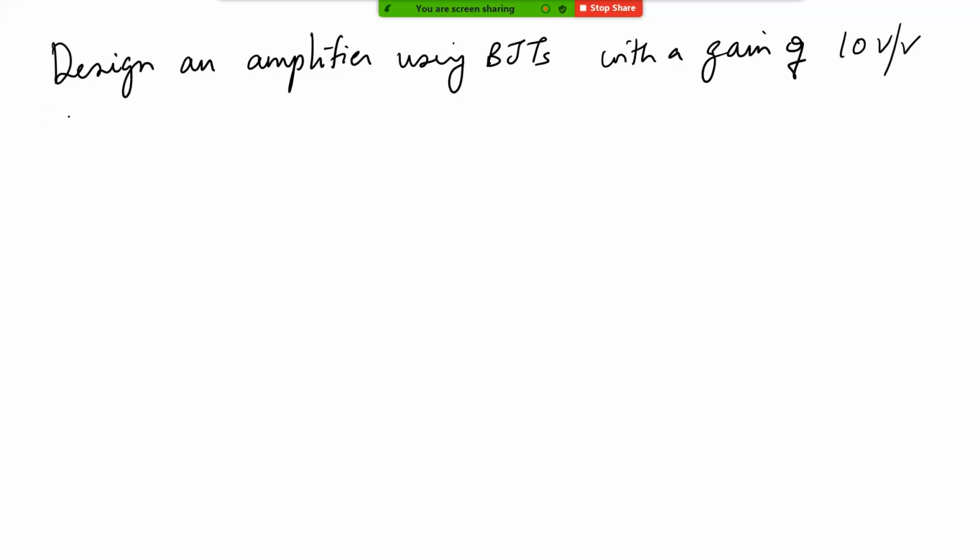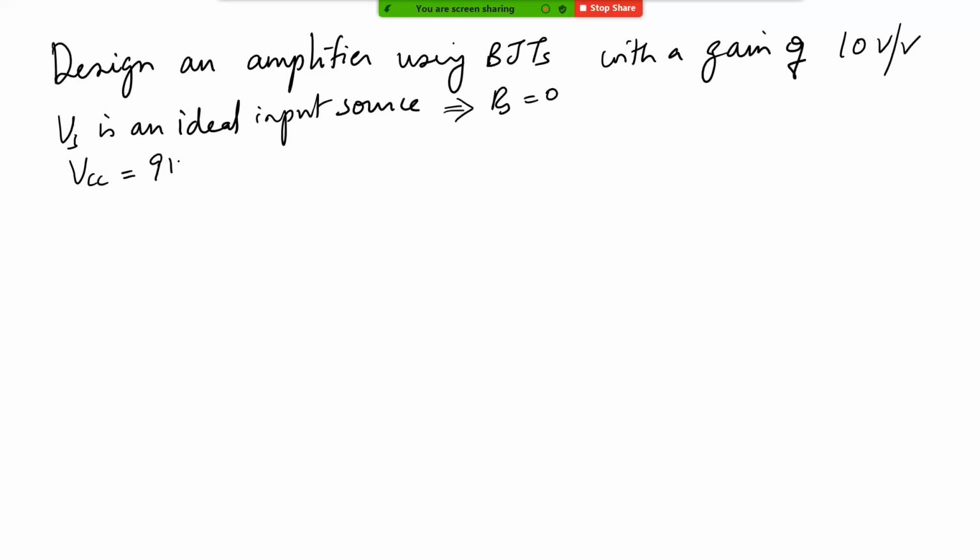Some assumptions let me give you. Let's assume that Vs is an ideal input source, which basically means that Rs is equal to 0. And let's say VCC can be taken as 9 volts.